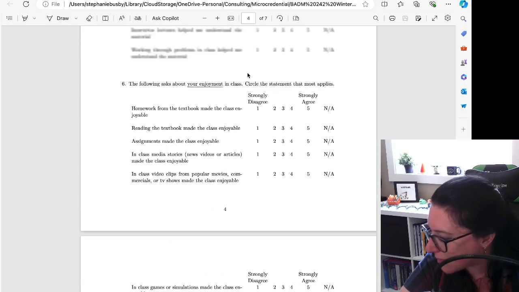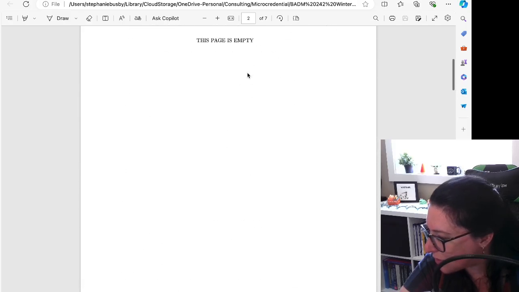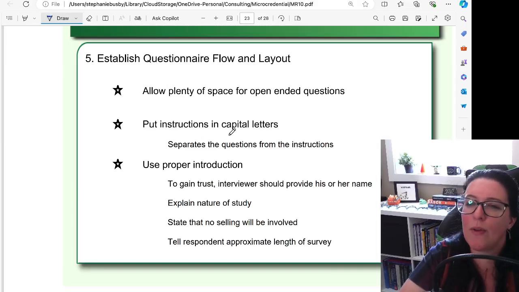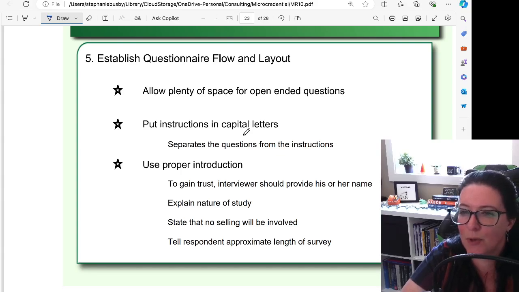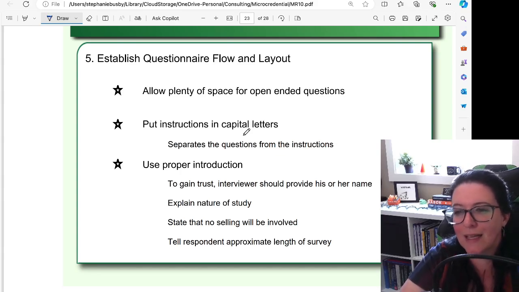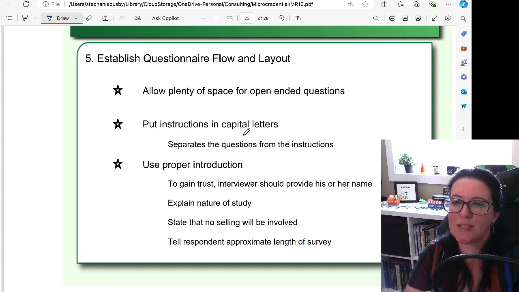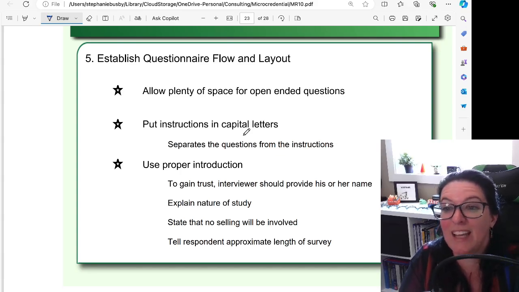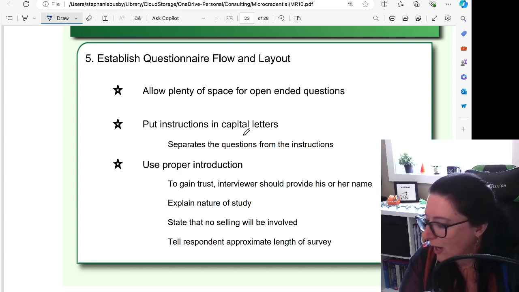I don't think this one has any transition stuff in it. It's all just the questions. So people debate whether or not to put the instructions in capital letters, maybe in italics, something to separate it from the questions and make it clear to see. But the risk now with capital letters is people do view it as yelling, and we don't want that.